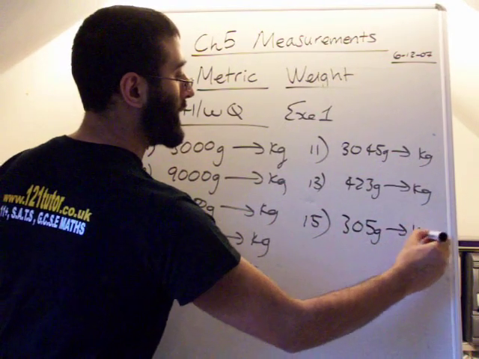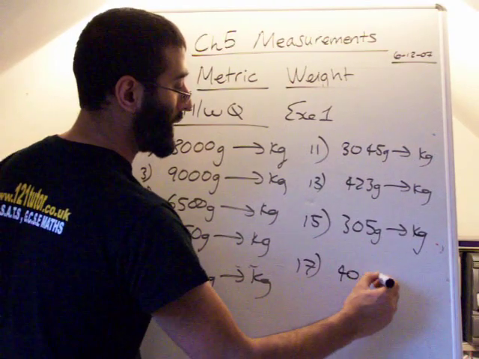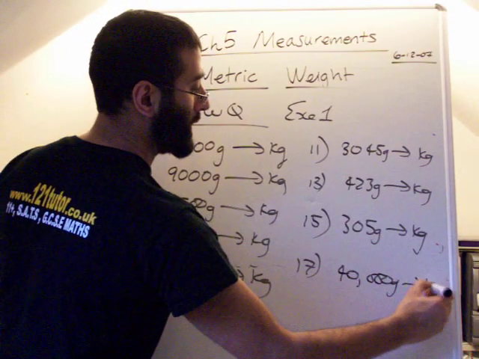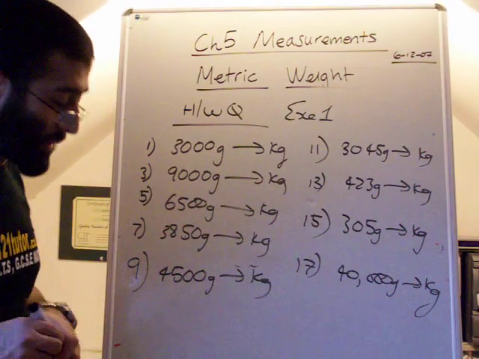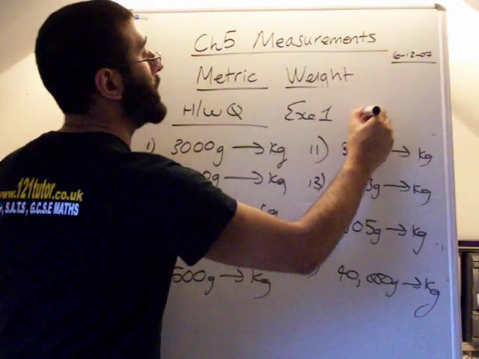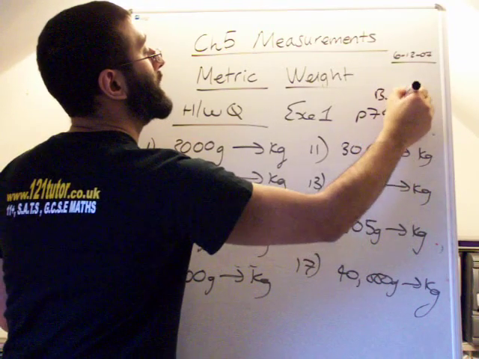Change that to kilograms. And then we have number 17, which is 40,000 grams. Change that to kilograms. Okay, so the homework is homework questions, exercise 1, page 74, 75, the basic skills.